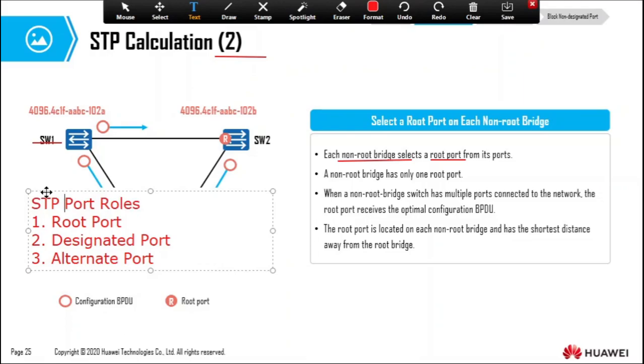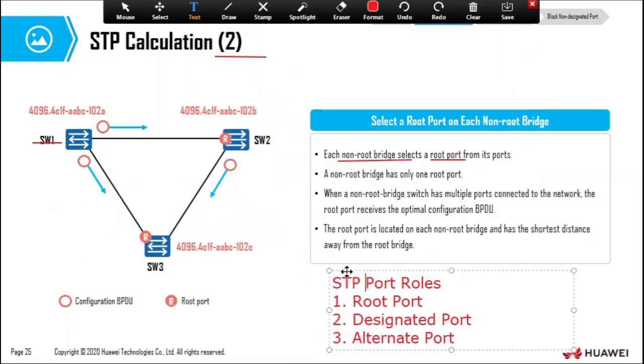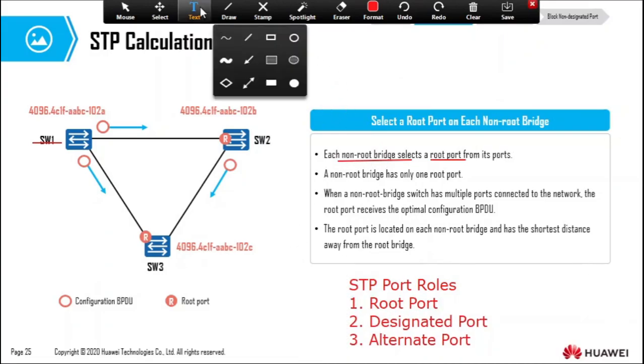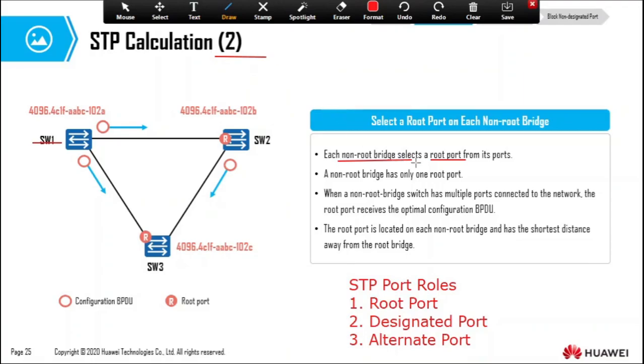At this particular point, we're just looking at how we select a root port. A few things you're supposed to know about the root port: a non-root bridge has only one root port. When a non-root bridge switch has multiple ports connected to the network, the root port receives the optimal configuration BPDU.